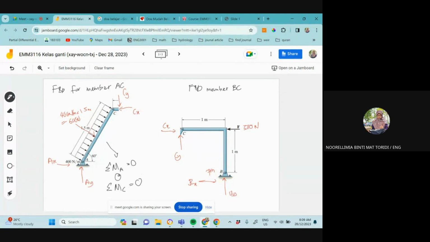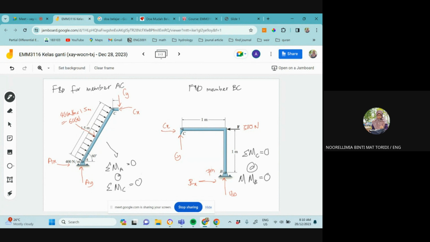Okay, and then for member BC, you can see here CX and CY. At C we have two unknowns. For B as well we have two unknowns, so you can choose either one. Tak kisah. So let's say we can choose summation of moment at C equal to 0, or summation of moment at B equal to 0.